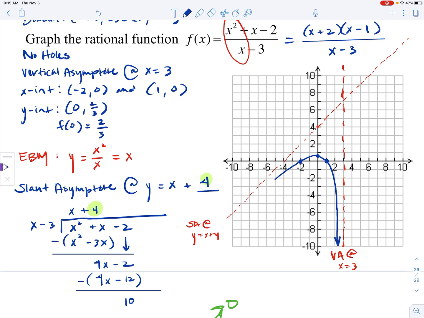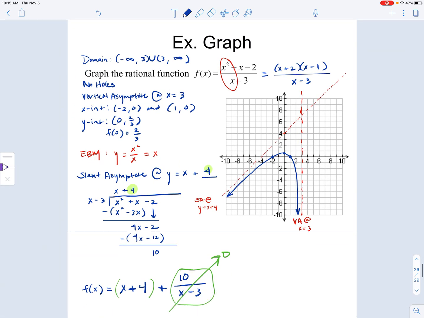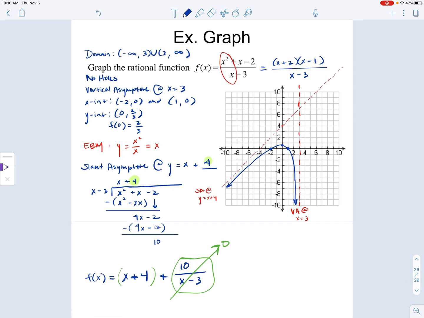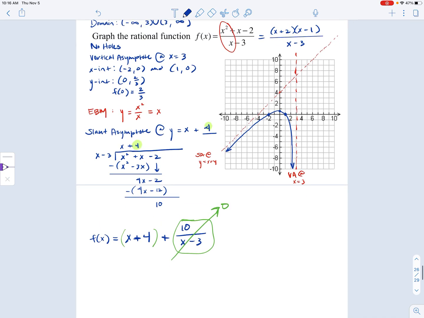And then as x approaches negative infinity, the graph is going to end up approaching the line y equals x plus 4, approaching negative infinity in the same way that the line y equals x plus 4 does. And then to figure out what happens to the right of the vertical asymptote, so basically whether we have points above the slant asymptote or below, I'm going to find what f of 4 is.